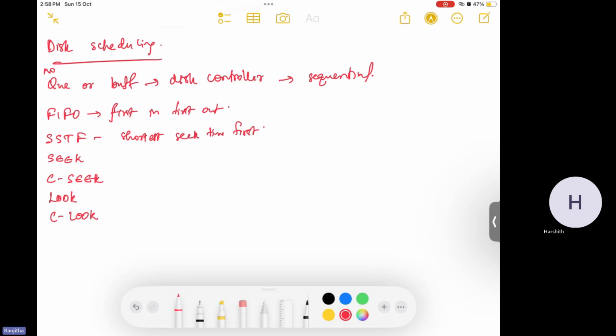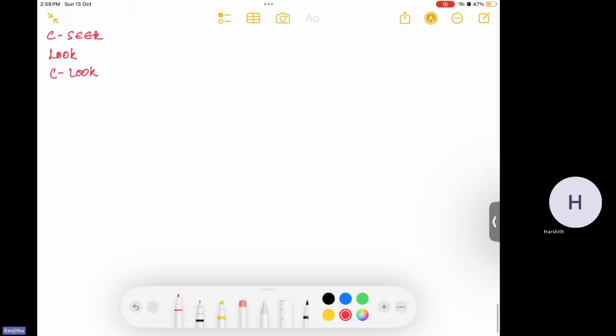So in first in, first out, in whichever order the requests come, in the same order they will be serviced. Let's look at the scheduling algorithms with some simple examples.